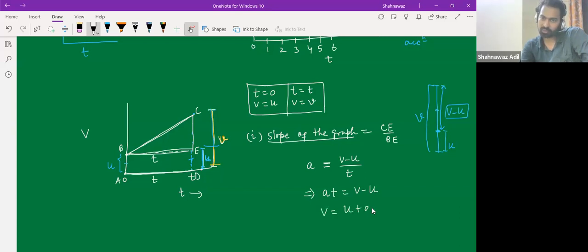That's it. This is the first equation that you can have. Is that clear? Yes, please note it down, and if you guys have any question, you can ask.